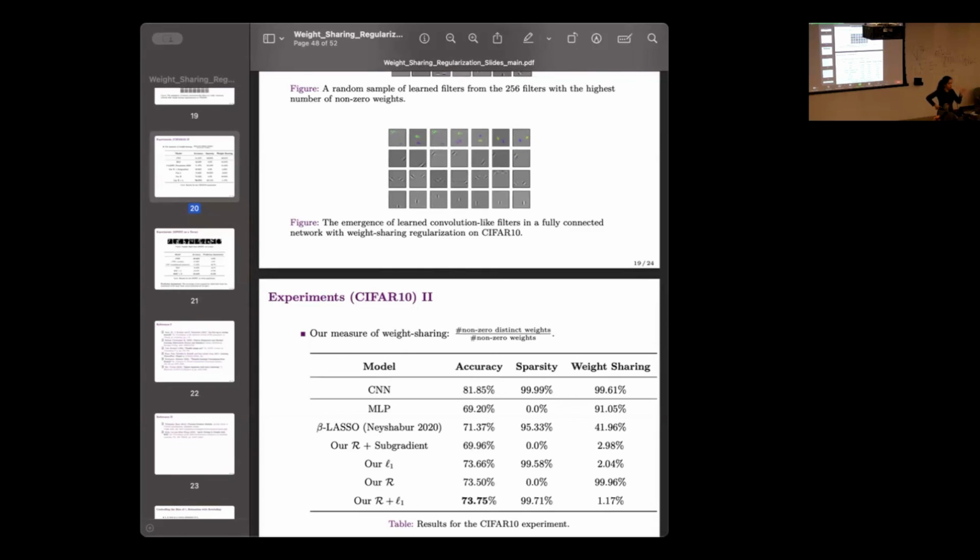So in the range of 10 to the minus 2, 10 to the minus 3, 4, and 5. That's what we tried. And for the L1, we tried 10 to the minus 2, 3, 4. So the ranges are the same. If you want to tune, I would say tune it like L1.